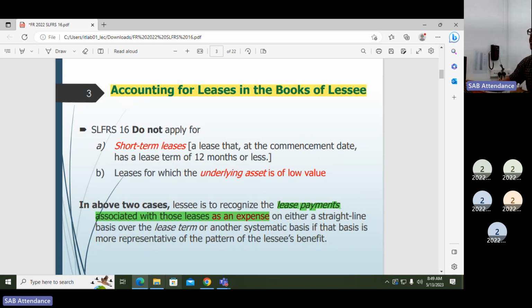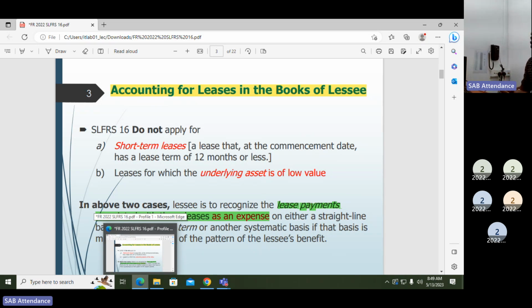That's it. You rent a motor vehicle for 6 months. So the monthly rent of 50,000, credit cash, debit rent expense. That's it. Short-term leases are quite straightforward. You can charge the lease rental as an expense to P&L.